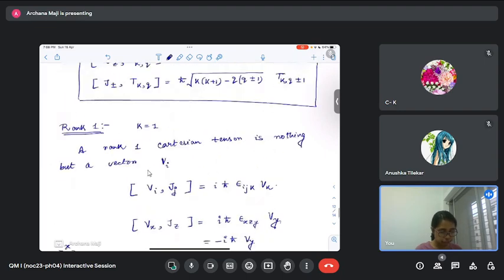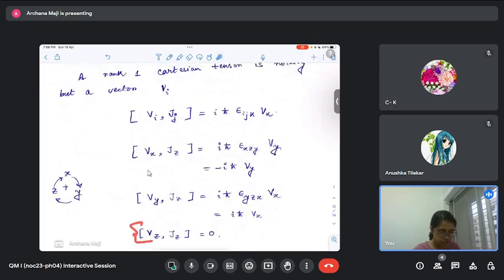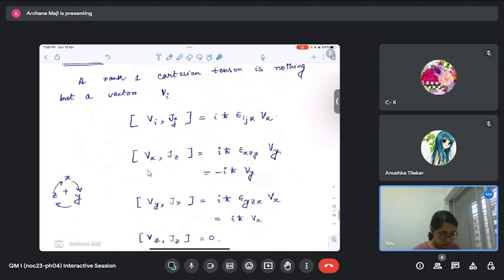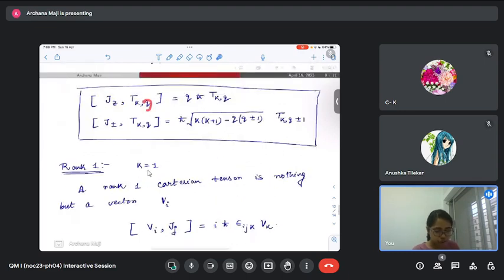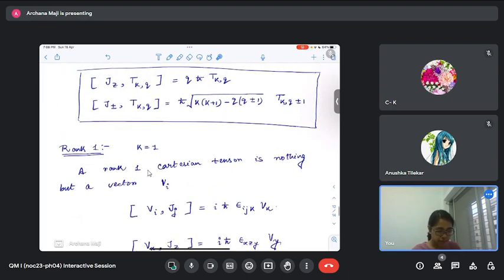Okay, so if we compare this with this, it shows that if this corresponds to a spherical tensor of rank 1, then it must correspond to q equal to 0. Then only the right hand side will be 0, because it gives q h cross times that spherical tensor. If q equal to 0, then only that commutator will be 0.